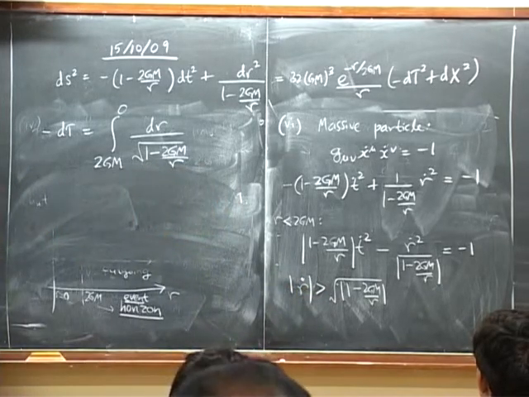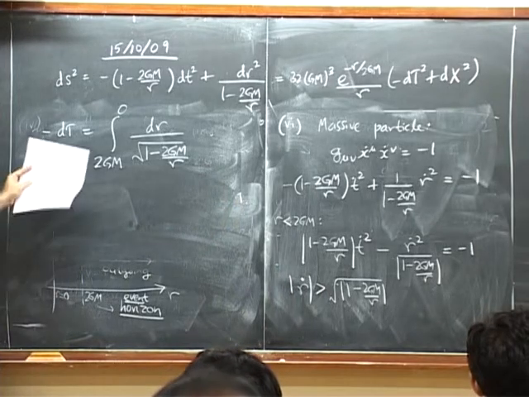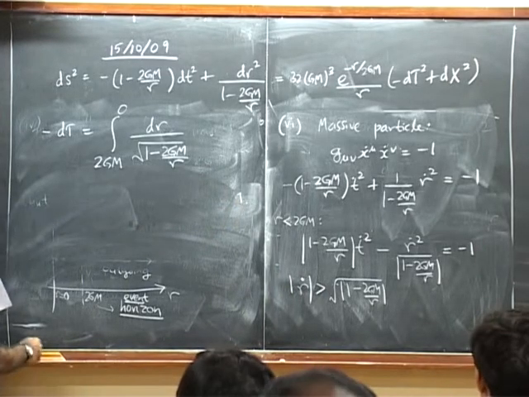Okay, so mod R dot is the same as minus R dot. R is decreasing with increasing proper time tau. So this is the equation.